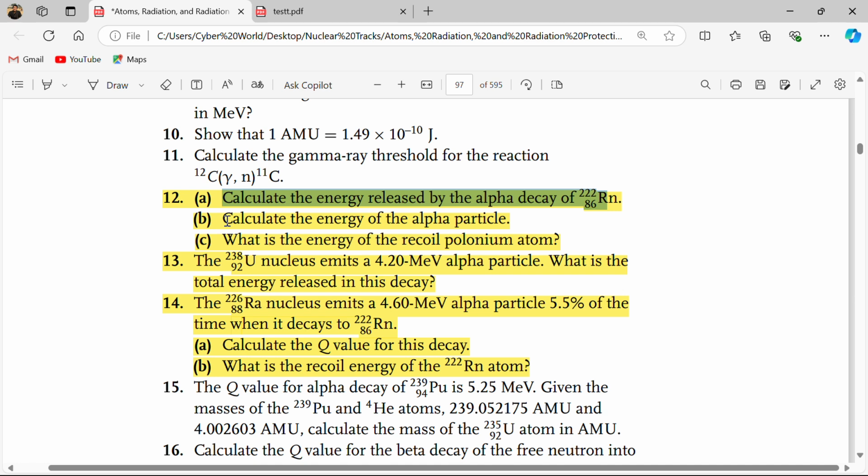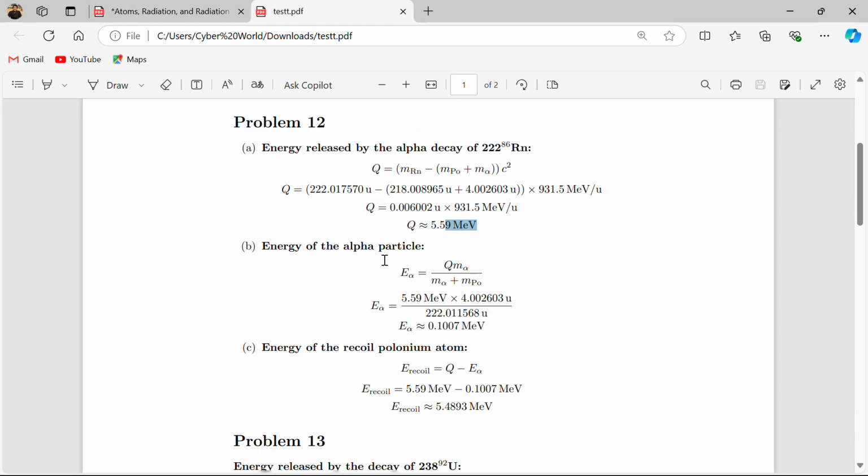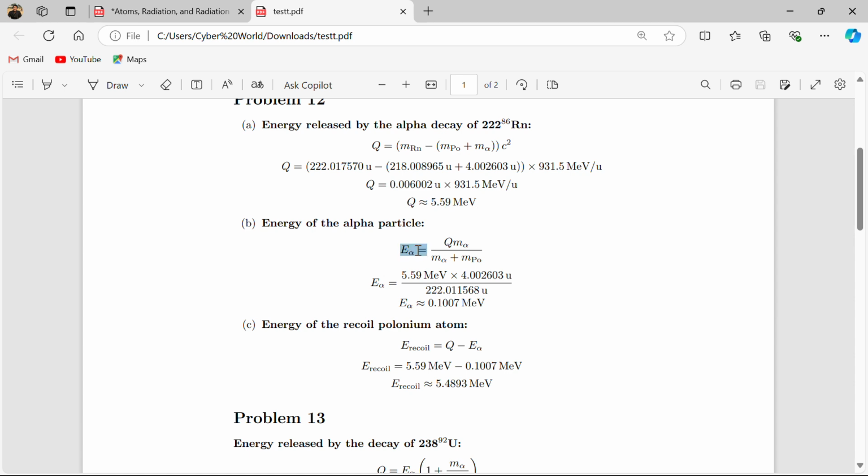Part B is to calculate the energy of the alpha particle. Now we have to find E alpha, the energy carried by only the alpha particle. The formula for E alpha is Q, the total energy released which we already found, multiplied by the mass of the alpha particle divided by the mass of the alpha particle plus the mass of polonium.